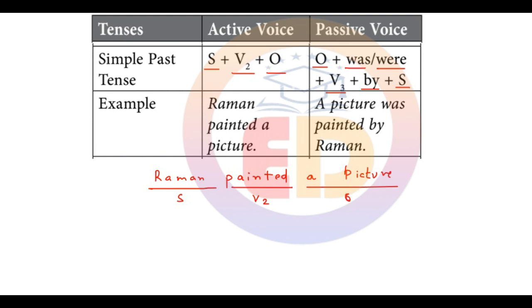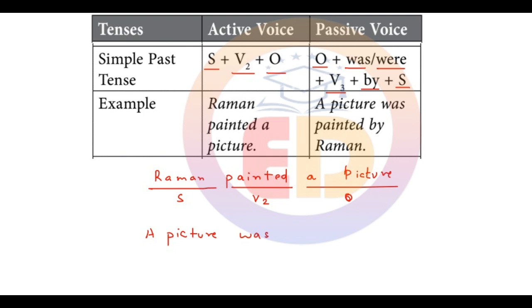Now when we convert this active voice to passive voice, the object will become the subject, will come in the beginning. A picture. Now a picture is singular, so we will use the helping verb was.